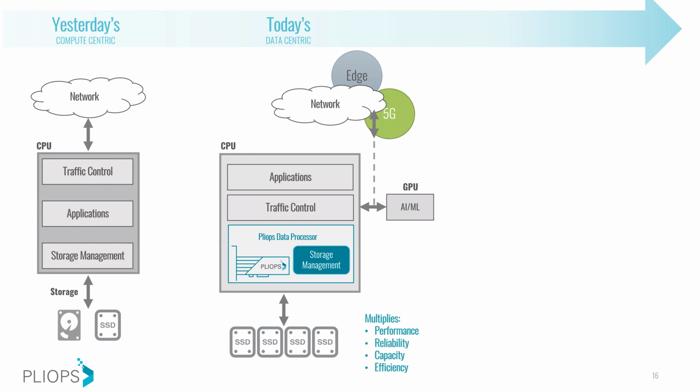Really, where things are moving today is that you have a dedicated storage processor to, as Kirill mentioned, have those hardware accelerations to achieve the types of efficiencies that are needed to continue to scale. And you're bringing in more data-hungry applications like AI and ML, which are running on GPUs. And really, with this setup, you can multiply the performance, reliability, capacity, and efficiency that's available to the application.